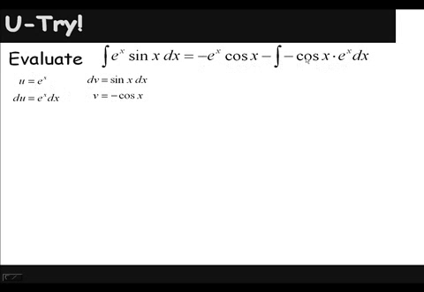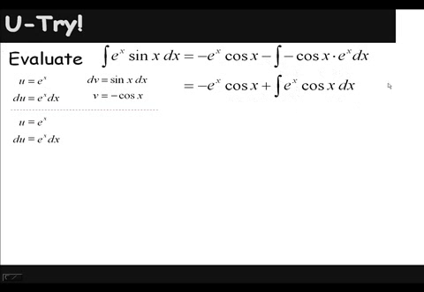Now notice this isn't really any better than what we had, because we just basically switched out a sine for a cosine. The negative 1 can pass through, give us a plus. What we're going to do now is evaluate this integral again using integration by parts. So this time we're going to let u equal e to the x again. du is e to the x dx. dv is everything that's left, cosine x dx.